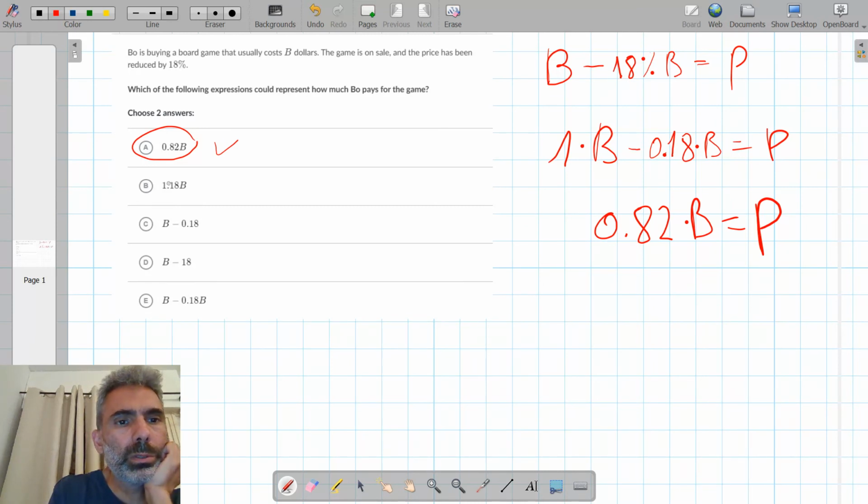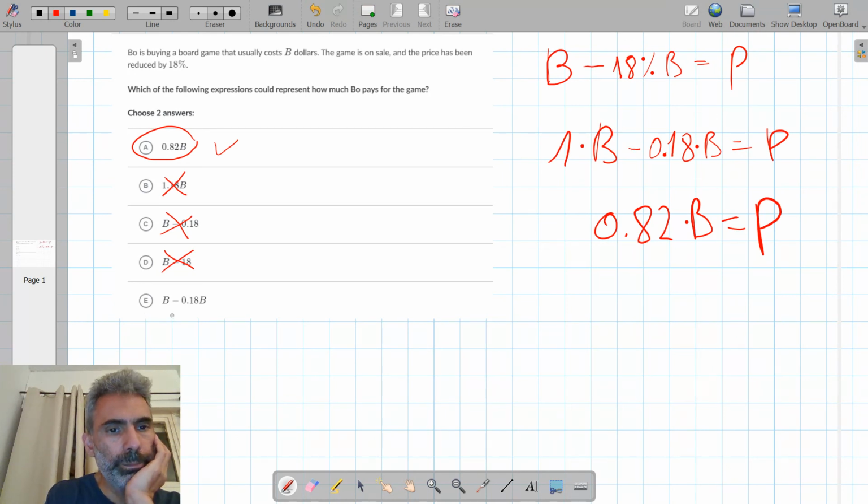B is incorrect because 1.18 means that the price was raised, not reduced by 18%. B minus 0.18 is incorrect because it's not that the price was reduced by 18 cents of a dollar, it was reduced by 18%. And the others are incorrect for the same reason. And E is correct because that's what we see here.